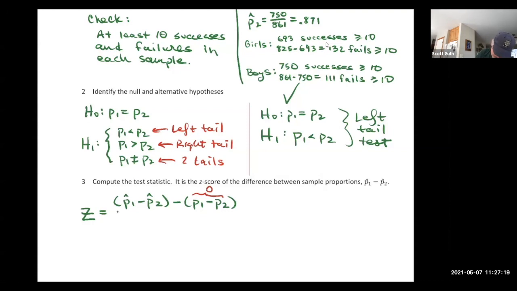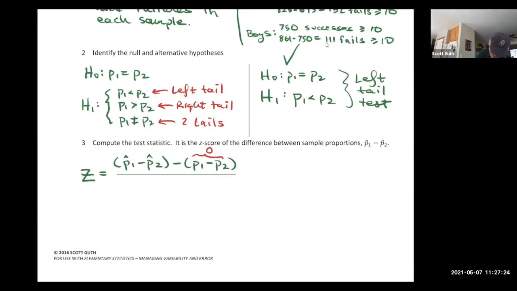And then the standard error, I'm going to write it and then I'm going to have to change it. Okay, so here's the standard error. This one actually requires the values of p1 and p2, and so that's the problem with it. It's the square root of p1 q1 over n1 plus p2 q2 over n2. There, that's the formula.